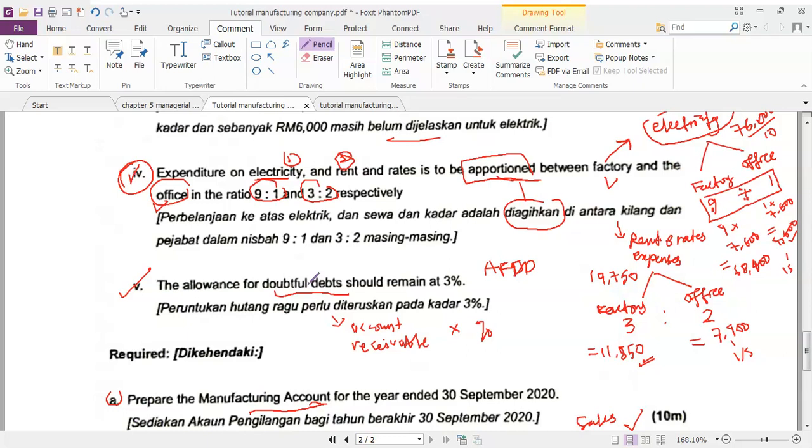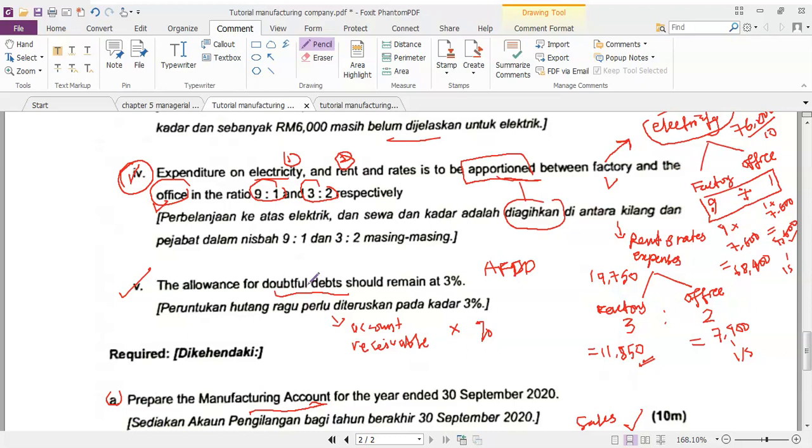We estimate the percentage, how much, it depends on the company itself. Some companies allow about 3% or 2% of the account receivable to be doubtful debt.